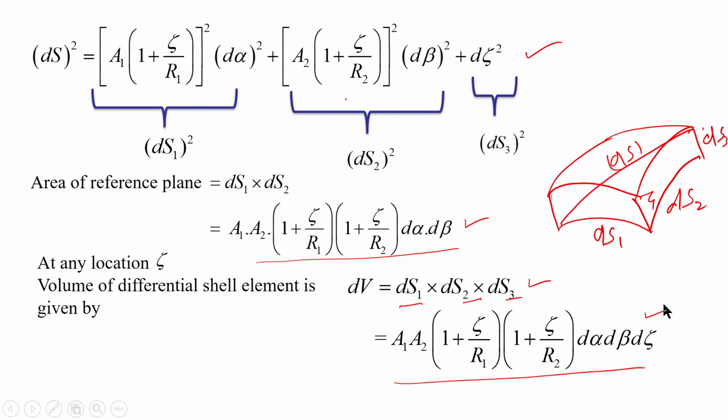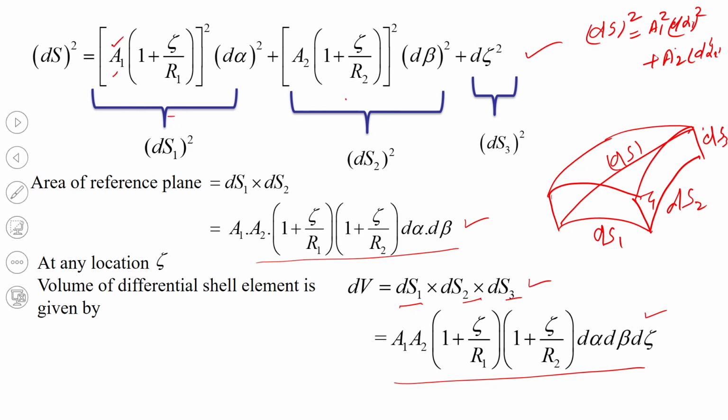But the point to be noted is that if you want to correlate with the previous system, where we obtained in the case of the first fundamental form, it was a1 square d alpha square plus a2 in the 2D case. So, basically we are going to replace this a1 with a small a1, so that there will be no confusion in future.